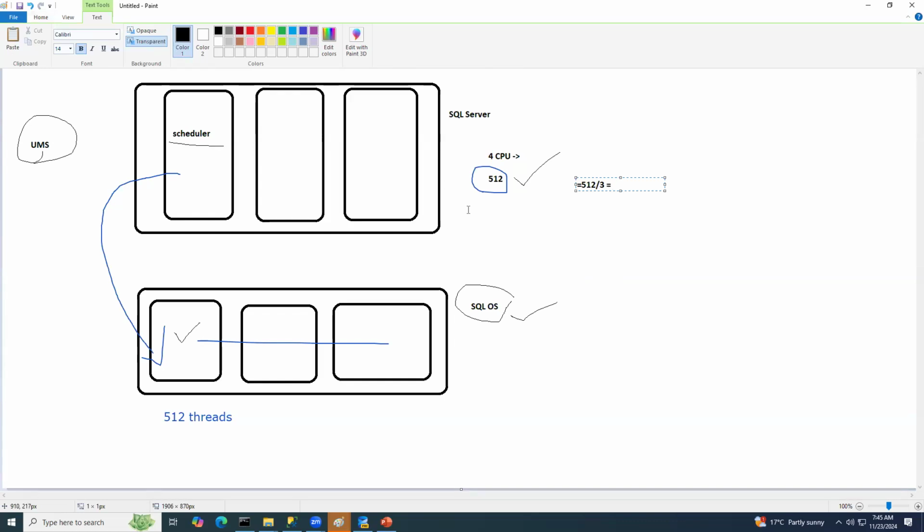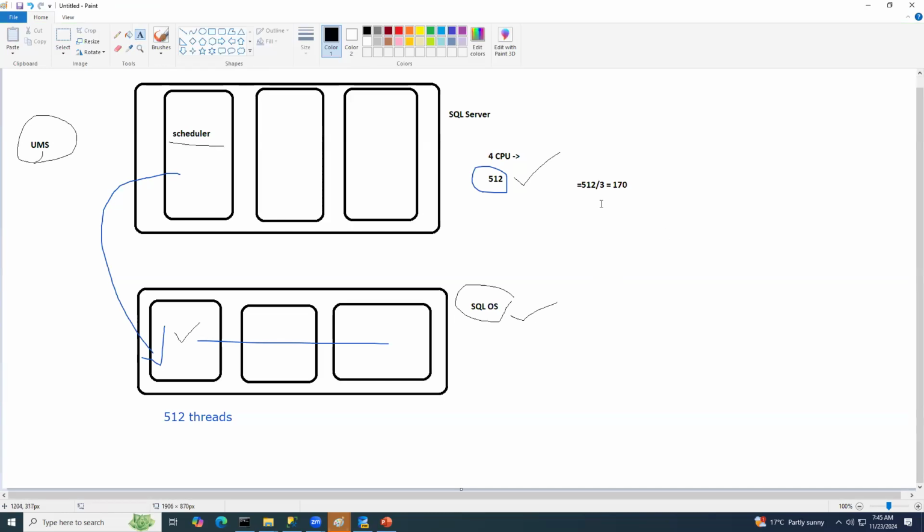Just as an example, 170 threads will be allocated per CPU: this is 170, this is 170, this is 170.